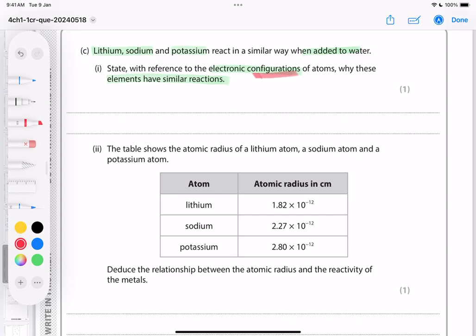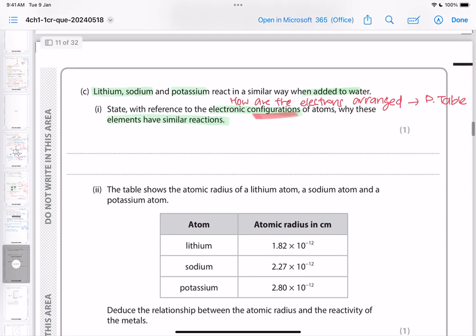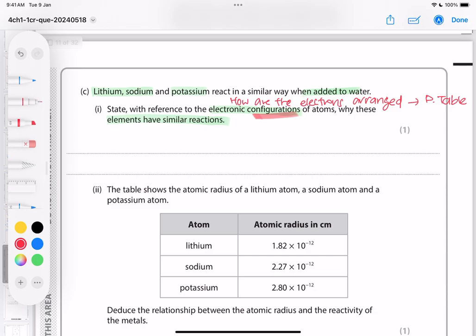Electronic configuration is just a fancy way of saying how the electrons are arranged. So go and pull out your periodic table, and you will see that lithium has 3 electrons, sodium 11 electrons, and potassium 19 electrons. So how would these electrons arrange themselves?